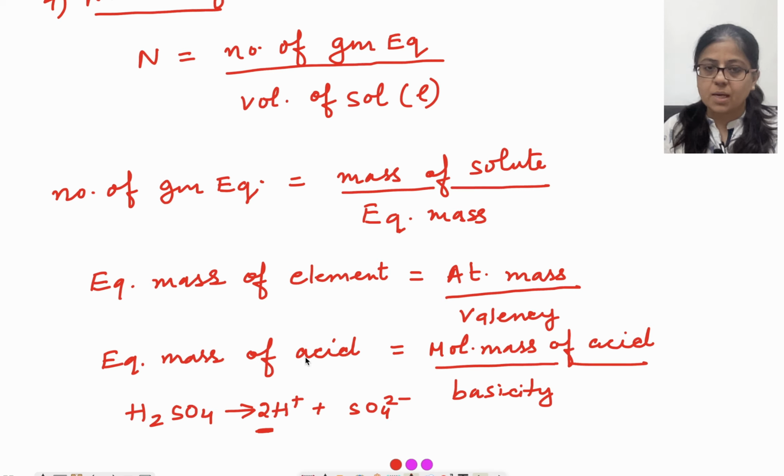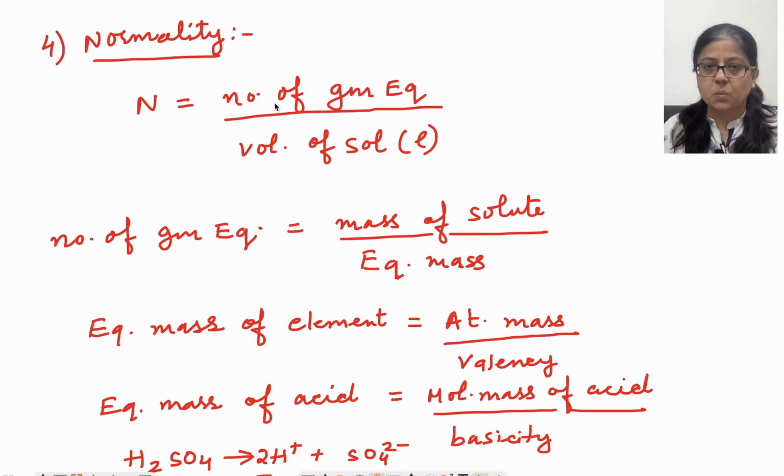And similarly, you can calculate the equivalent mass of a base. Apply the same method by dividing the molecular mass of the base with acidity. So these are a few methods of calculating equivalent mass, and normality is equal to the number of gram equivalents. To get the number of gram equivalents, divide the mass of solute with equivalent mass, and then divide it with the volume of the solution taken in liters.